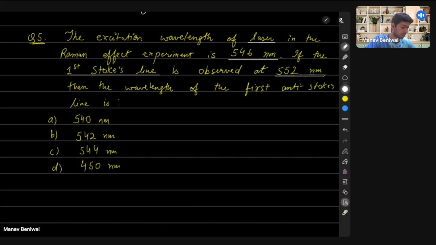So its wavelength has increased by 6 nanometers. For the anti-Stokes line, we know the opposite will happen. Our wavelength will reduce. So from 546, it will go below. So all the options are less than 546. And now we want to figure out which is the correct one.